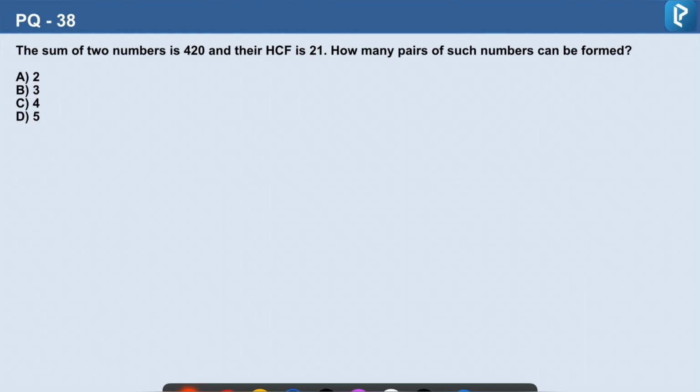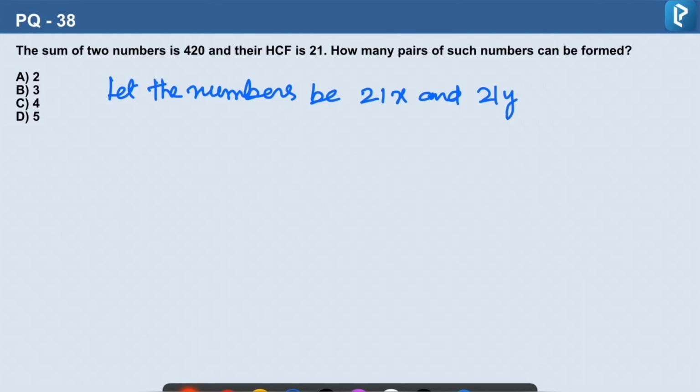So let us assume the numbers to be 21x and 21y. The non-common factors are x and y. The product of common factors is 21. So the sum of these two numbers is 420.